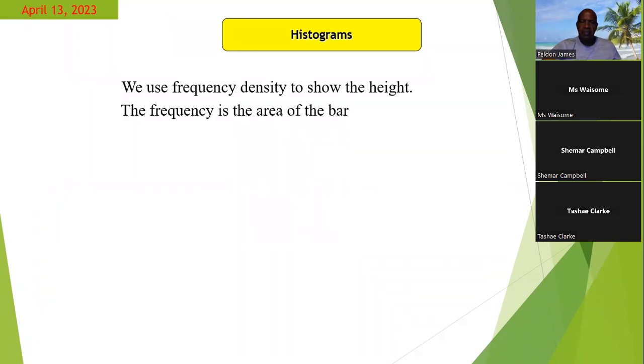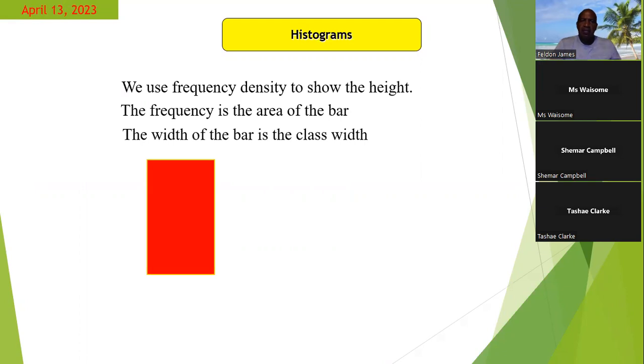All right. So we use frequency density to show the height. The frequency density is the area of the bar, and the width of the bar is the class width.